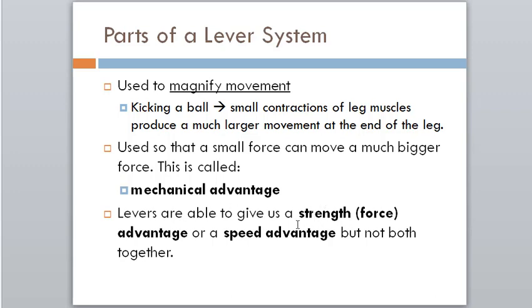Where the body is usually designed is to get these speed advantages, speed levers. The aspect is that they can't coexist. A leverage system is either set up to produce force or to produce speed, and most of the joints of the human body are meant to produce speed, where most of the forces we think about in nature, or when we think of mechanics or engineering and construction, are meant to modify force.